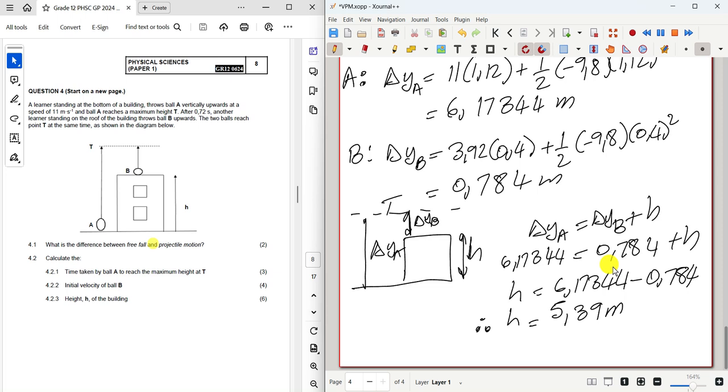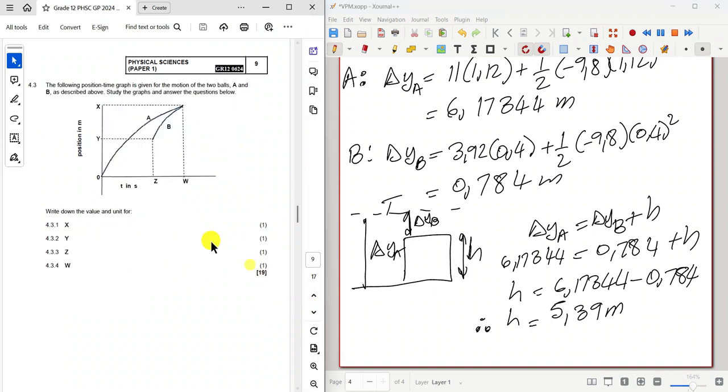That is the height of the building. So far we have done questions that are worth 15 marks and we did them in less than 15 minutes. So let's see. It seems the question is not done. Yep, let's go.